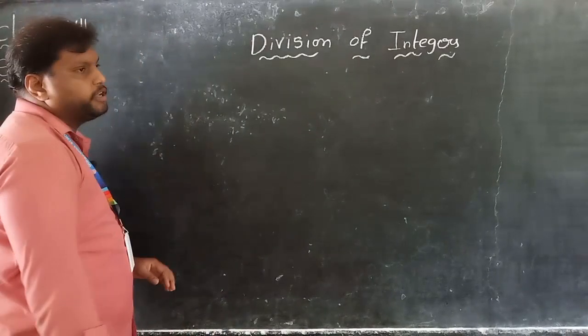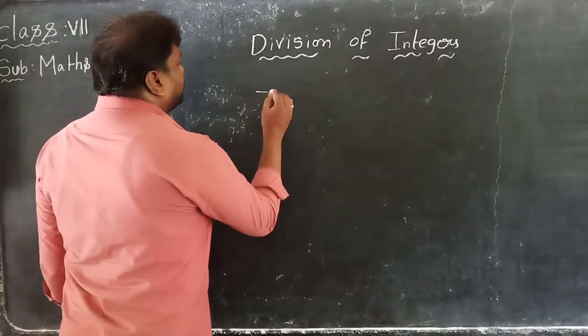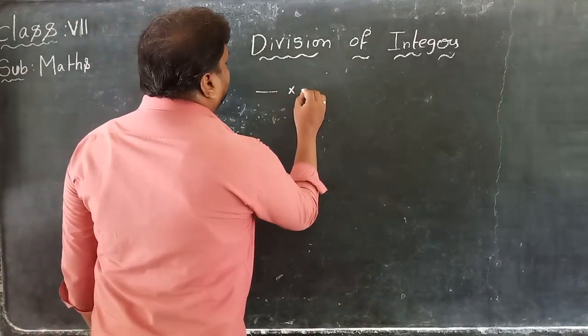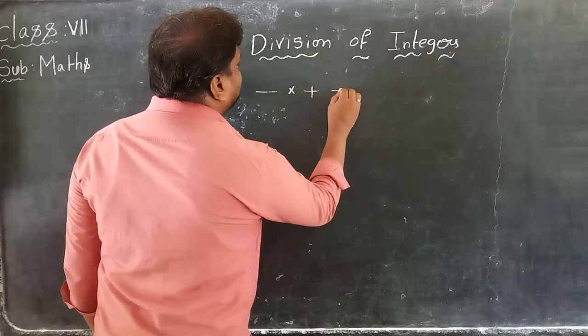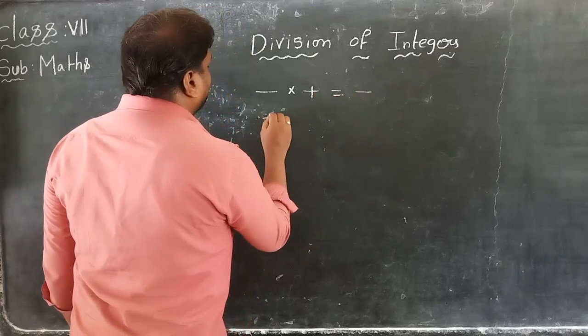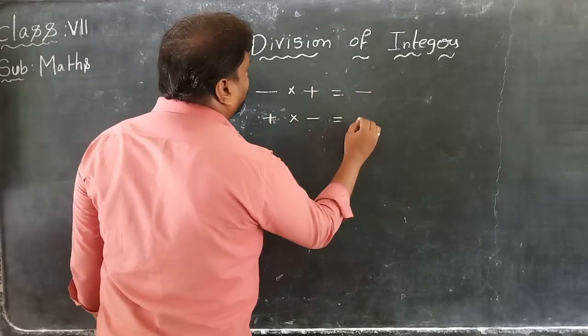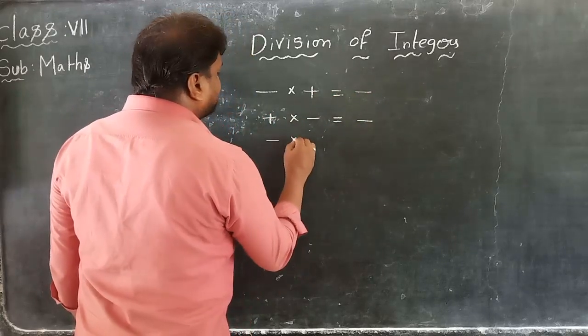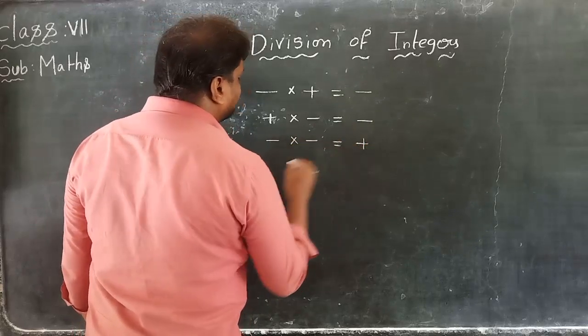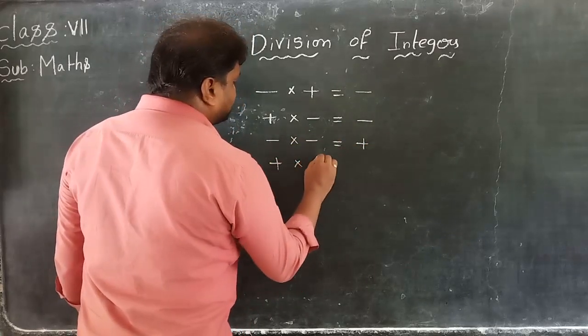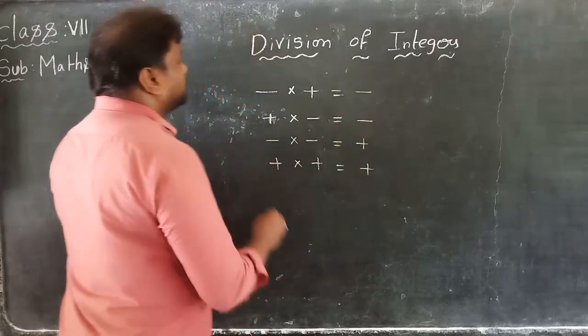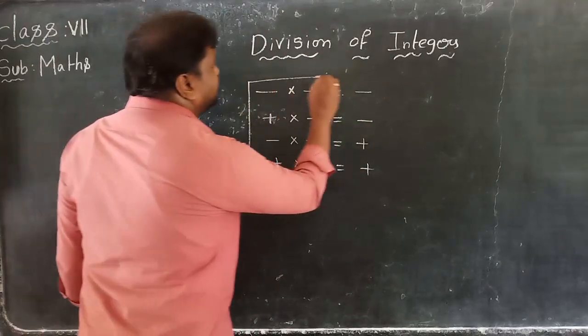Actually, before going to that: minus into plus is equal to minus, plus into minus is equal to minus, minus into minus is equal to plus, plus into plus is equal to plus. This is the product of integers.